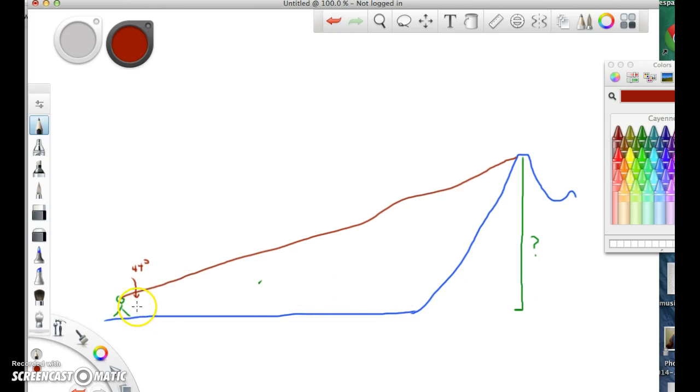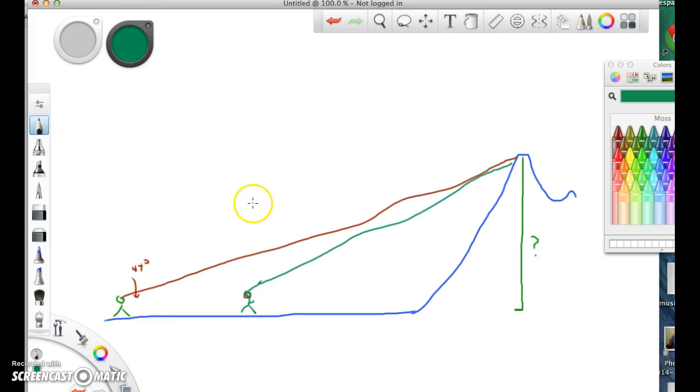So let's say you walked over here, and you got a little closer to the mountain, right here, and from here you also measured the angle up there.